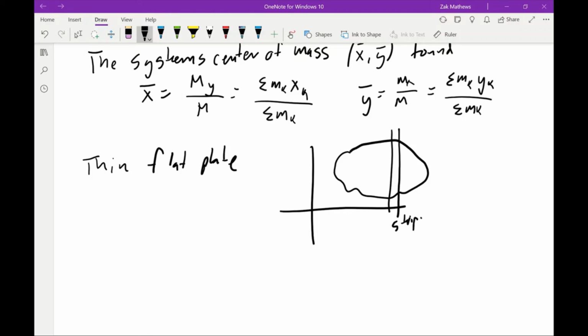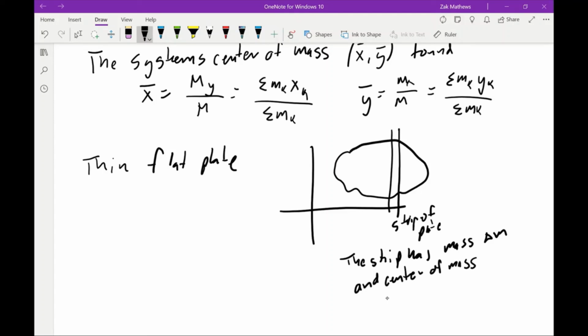Strip of plate. The strip has mass delta m and center of mass, call it x wiggle, y wiggle.